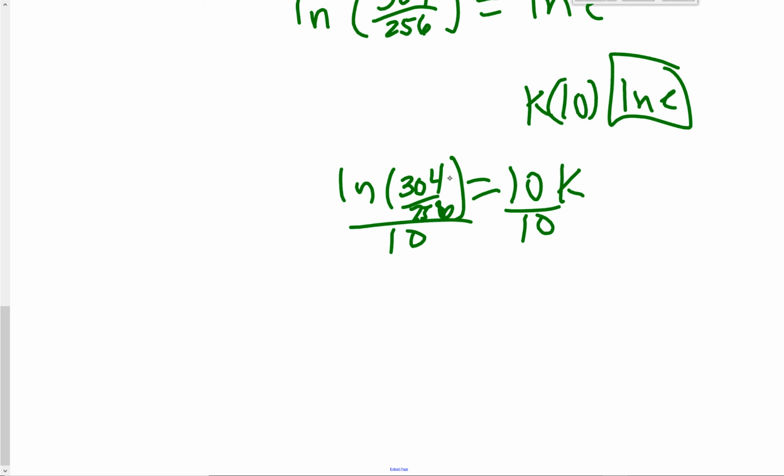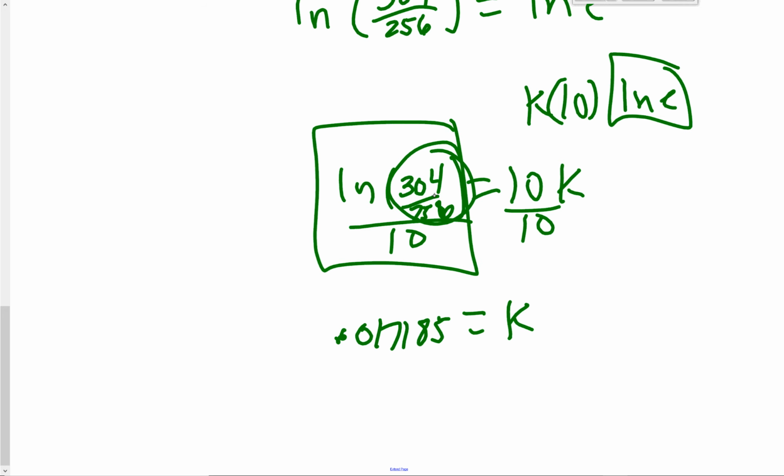So I take the ln of this fraction and divide that by 10, and I get this relative growth rate, because remember from the last slide, our k was our relative growth rate. So k is approximately 0.017185. To be more accurate, I could leave it as is, which would give a more accurate reading when I use this model, but we can go ahead and use 0.017185.